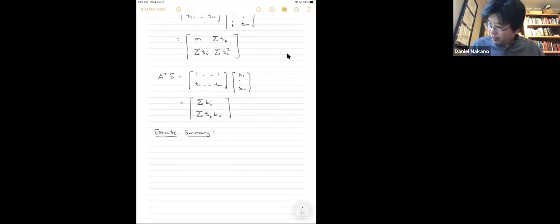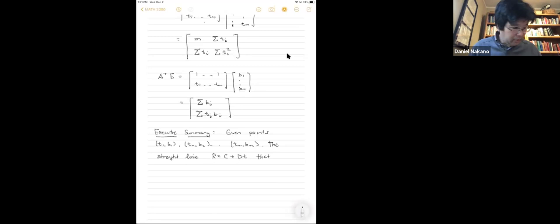Given points T1, B1, T2, B2, up to Tm, Bm, the straight line, say R equals C plus DT, that minimizes the distance between the points and the line.